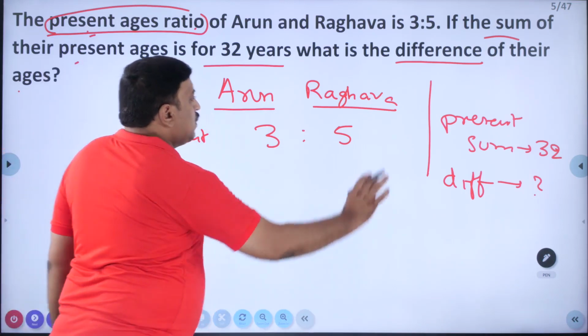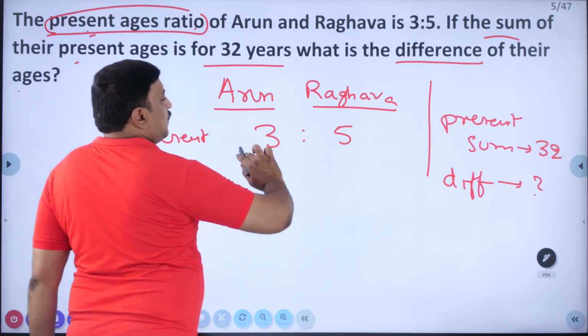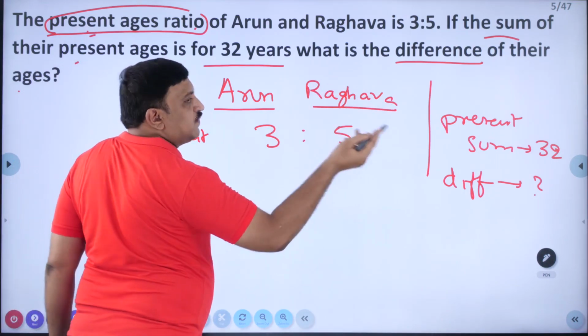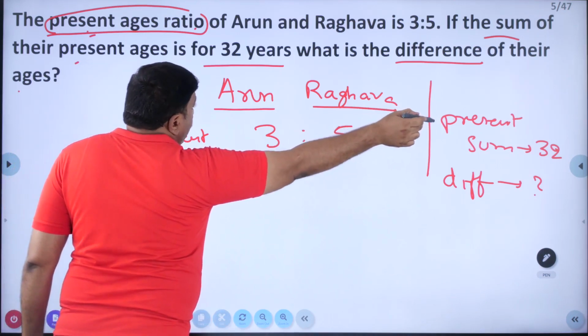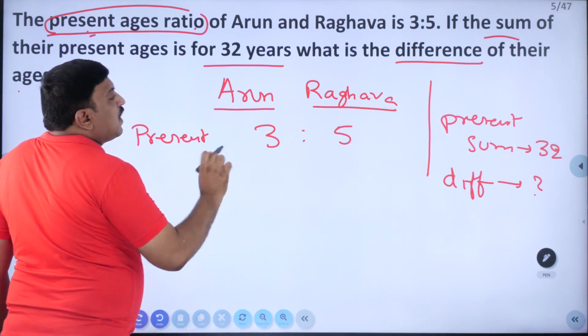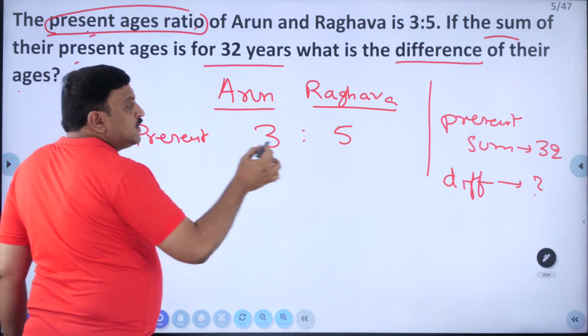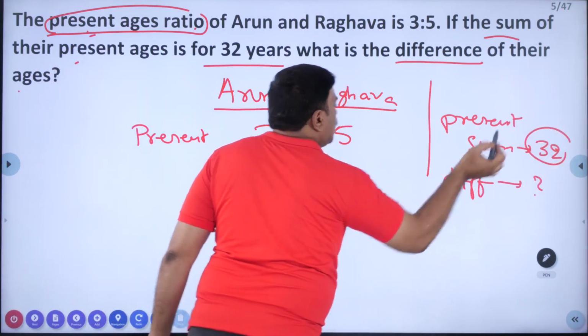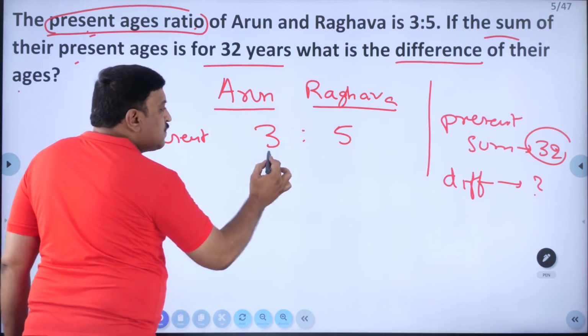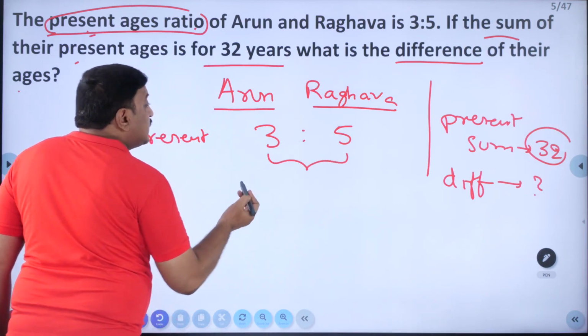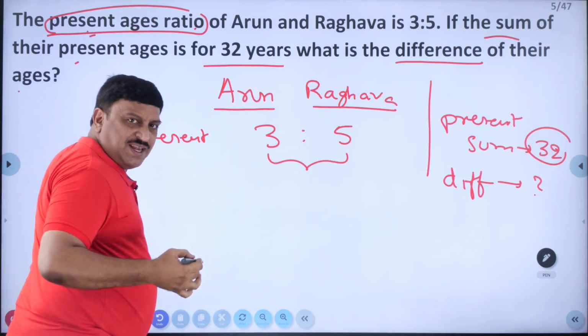Okay then. Now, I will make this one same data, present to present, then difference to difference. That's all. So, is the present sum given? Yes. For that reason, I don't need Arun and Raghava separately, because here the sum is already given as 32. I will go with the sum of these ratio parts. How much is the sum? 3 plus 5, that is 8. Is it 8 exact?